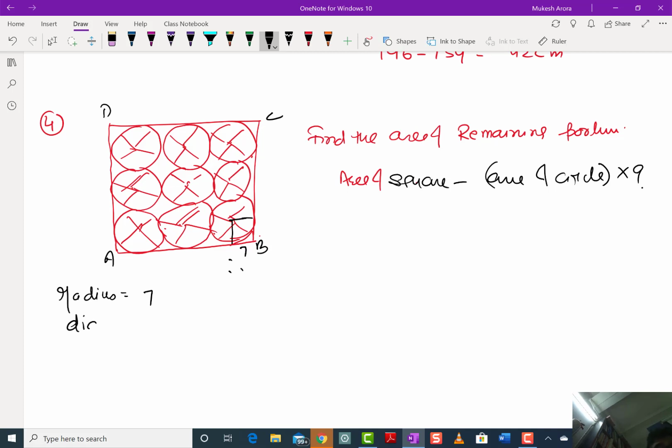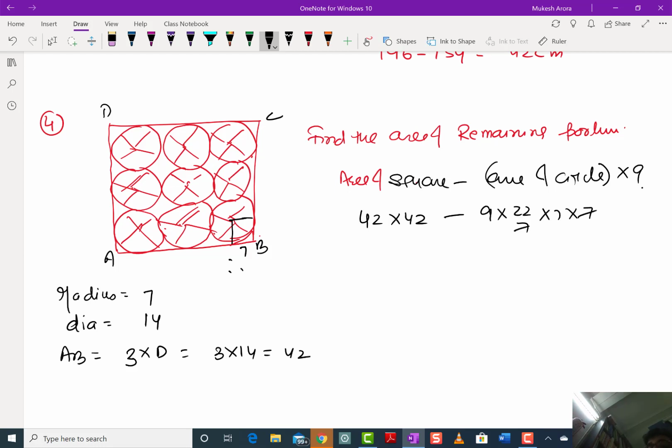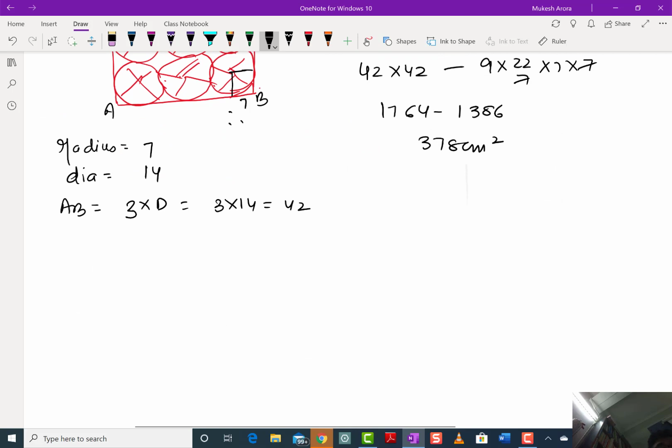So diameter will be 14 and AB is equal to 3 into diameter. So 3 into 14 is 42. So 42 into 42 minus 9 pi r square. So 42 into 42 is 1764 minus 1386. So it will be 378 centimeters square.